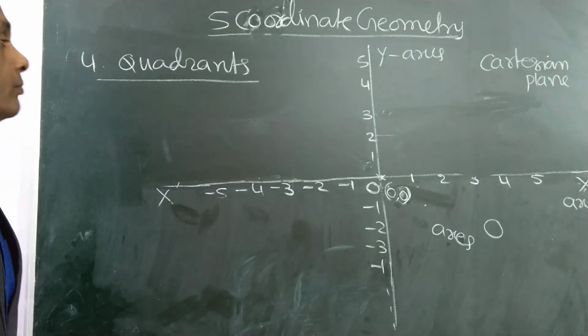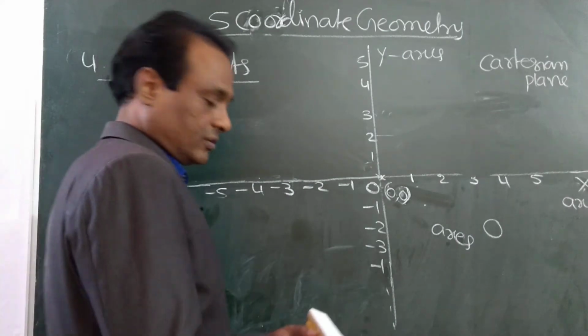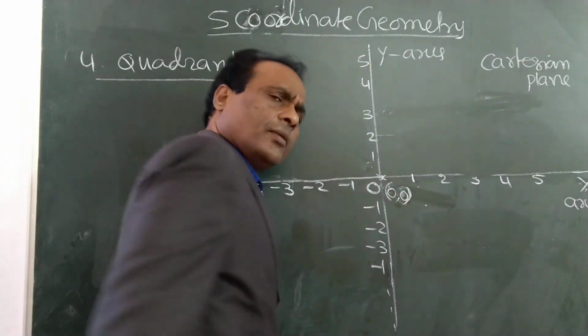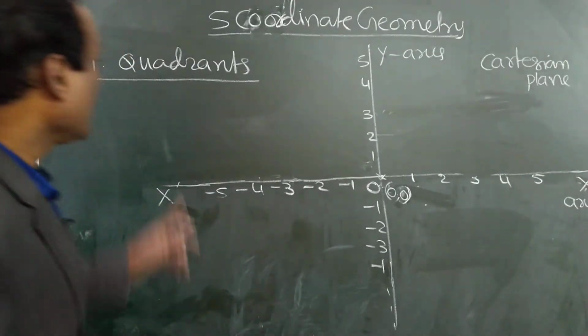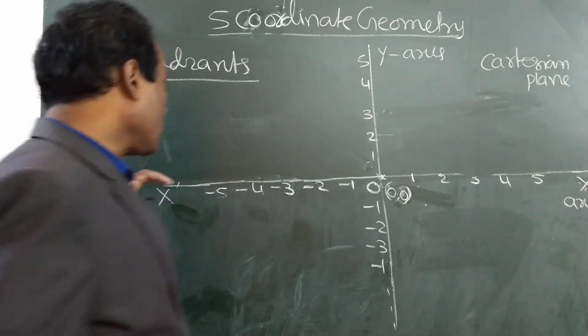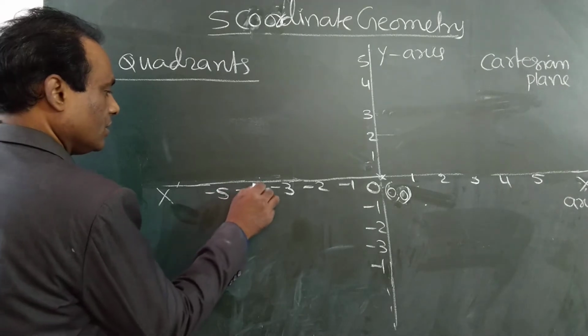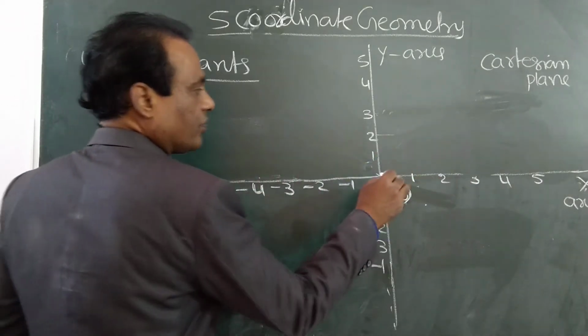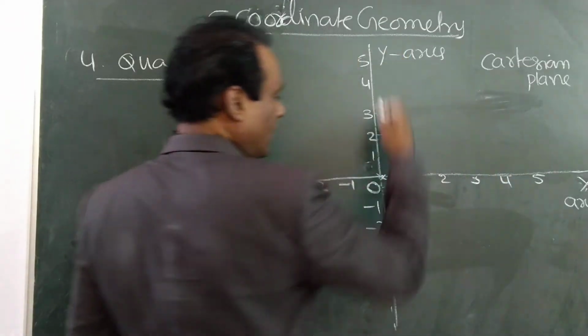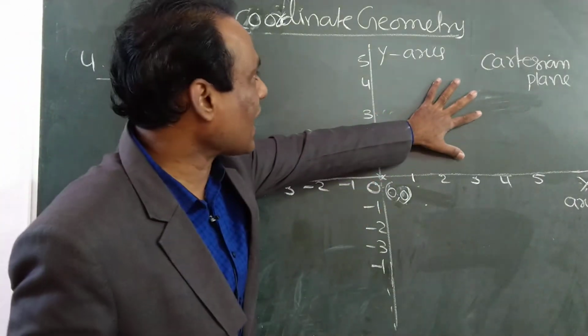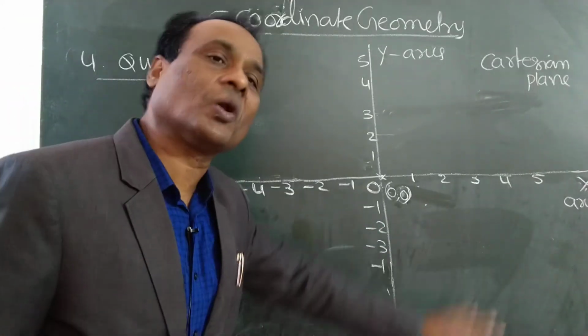See, this is also a very important point. Quadrants. If we draw two reference lines, x-axis and y-axis, this plane, Cartesian plane, is divided into four parts.